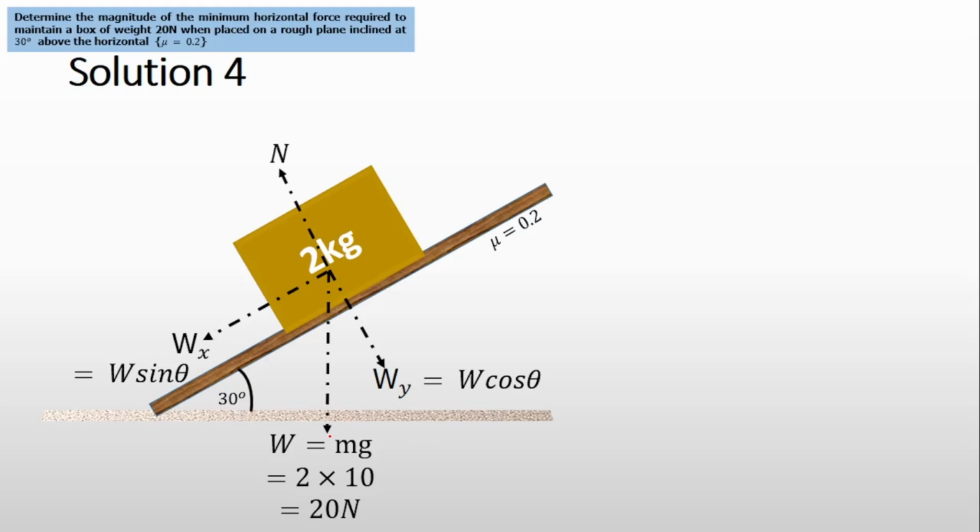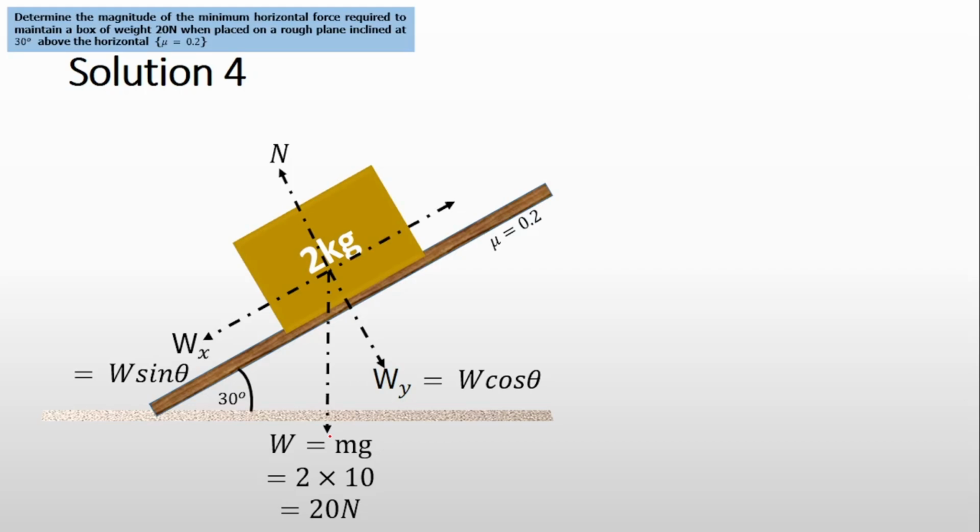Now the next thing is that we are told to determine the magnitude of the minimum horizontal force that is required to maintain the box of a given weight 20 Newton from sliding down. So that means the body is already tending to move down because of the component of the weight.